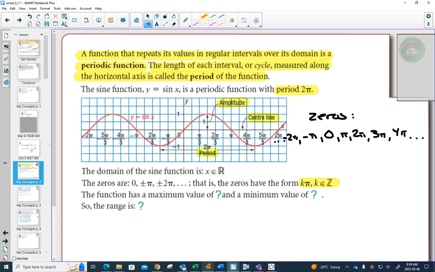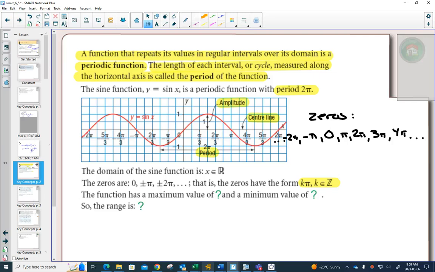You might notice a pattern. It is an integer multiplied by pi. So when we want to write them all down, this is how you would write it: k times pi, where k is an integer. That would include 0. It would include 1 pi, 2 pi, 3 pi, all the positive ones, and also all the negative ones.